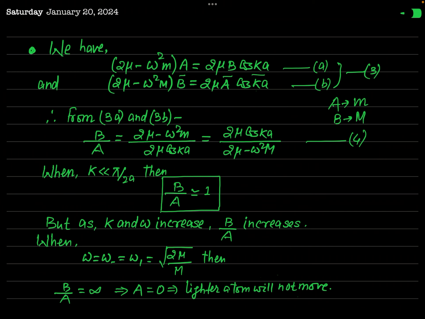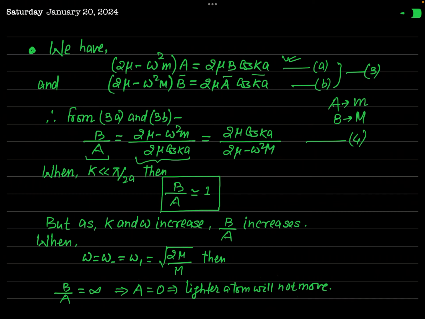So if you want to find the ratio of the amplitudes, that is b over a, let us see equation 3a. In accordance with equation 3a, b over a will be equal to (2 mu minus omega square m) divided by 2 mu cos ka.